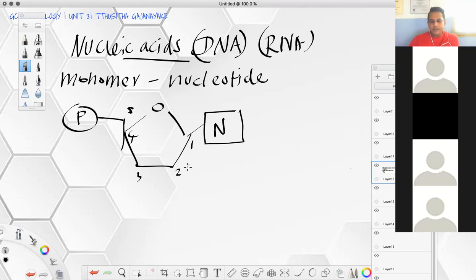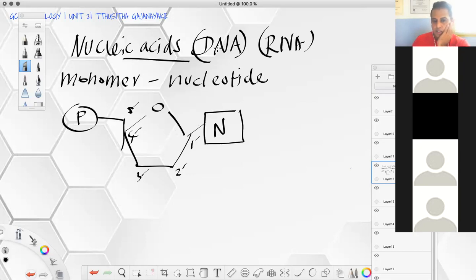When numbering the ribose sugar, we give a small dash like this, called 1 prime, 2 prime, 3 prime, 4 prime, 5 prime. So we use the word prime. It is different to glucose-like molecules, where we don't use prime; we use 1, 2, 3, 4, 5, 6. The word prime is given to DNA and RNA molecules because they are precious, very important molecules. And this is called a nucleotide.